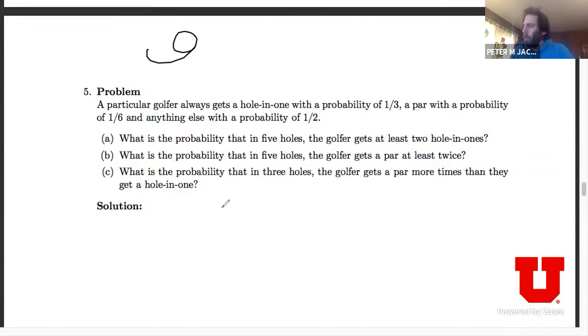So we have these 5 holes, 1, 2, 3, 4, 5, and we want to know the probability that the golfer gets at least 2 holes in one. First we can figure out the size of the sample space.